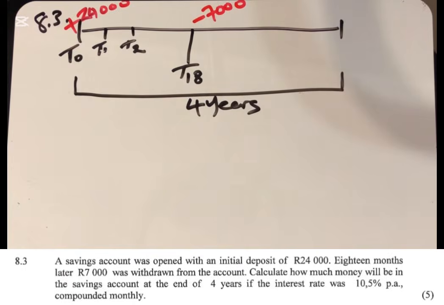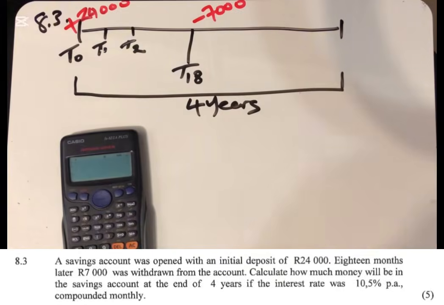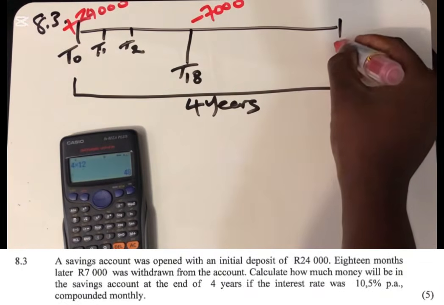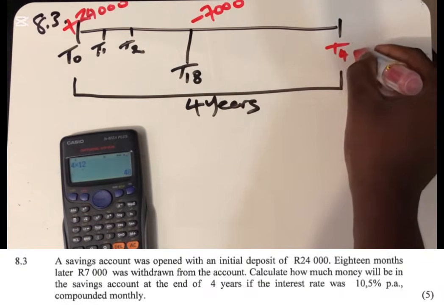And this is compounded monthly. Because it's compounded monthly, we say 4 multiplied by 12, which takes us to T48. The last term here is T48.